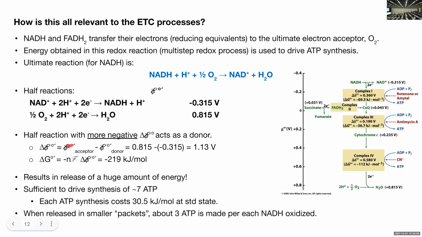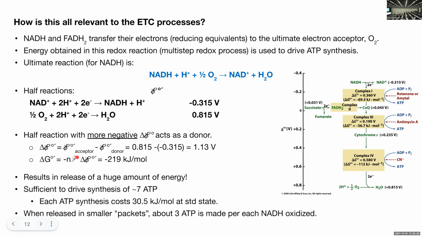So for the delta E naught prime, again, we use this relationship to get the difference. We put the acceptor, the reduction reaction, with this potential value. So we put 0.815 here, minus the negative value here, to get 1.13 volts, which is a positive value for delta E naught prime.